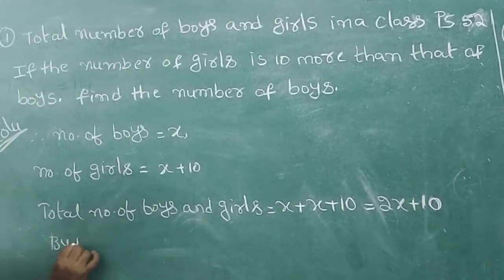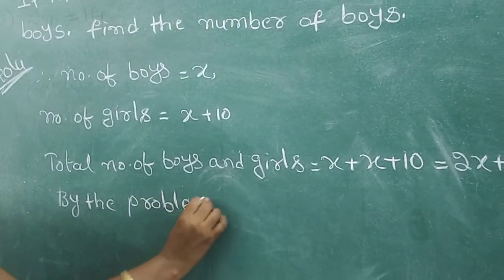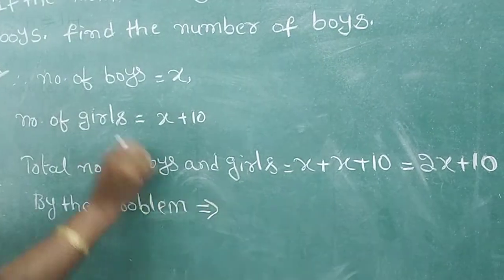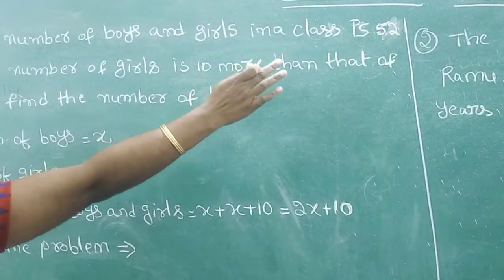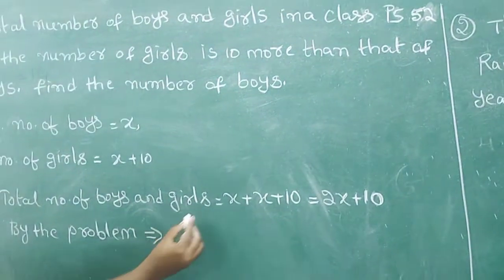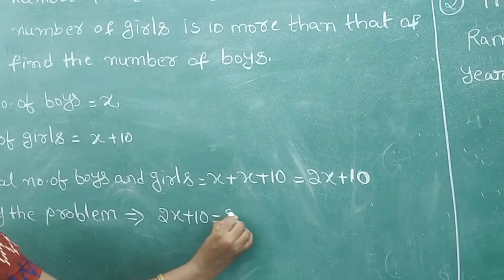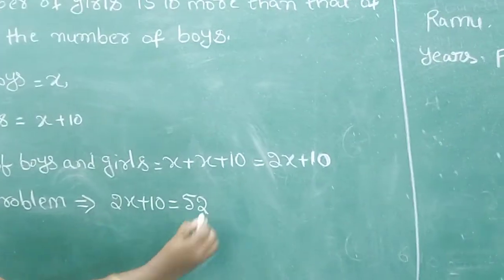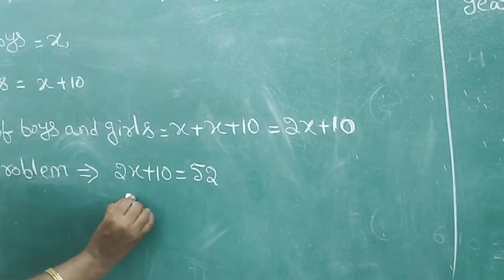By the problem, the total number of boys and girls in a class is 52. That is, 2x plus 10 is equal to 52.